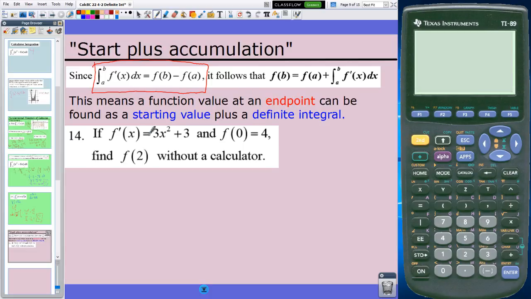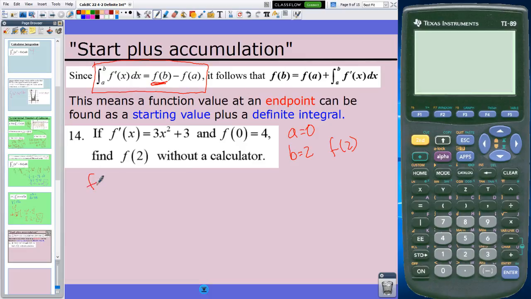And this is useful in this kind of problem. If f prime of x is this and f of 0 is 4, find f of 2. Now, you could leave it in this format, but maybe this format makes more sense to you. So in this case, my lower limit, my a, would be 0, and my b is 2, and I want to find f of 2. So basically, I want to find this thing.